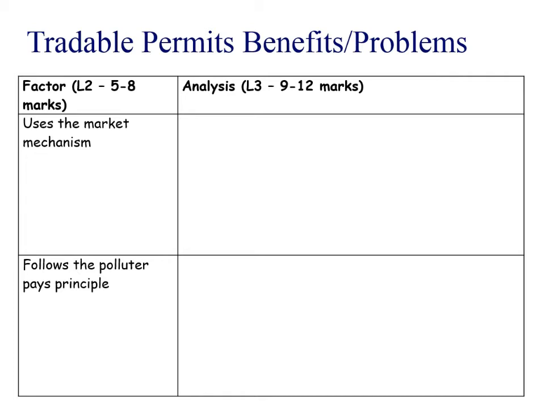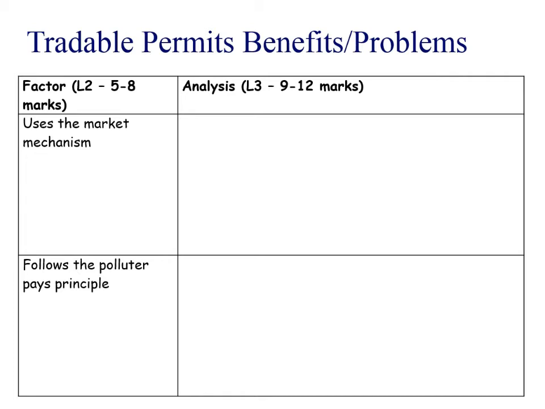It also uses the polluter pays principle, because you are basically imposing an indirect tax on any polluter that pollutes above the set limit, and therefore you are internalising the external costs, these negative externalities.